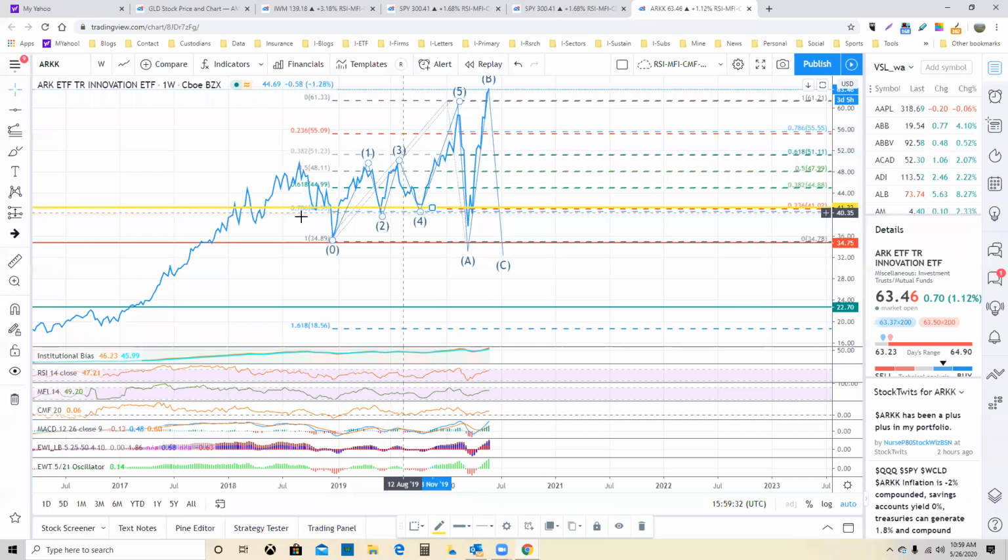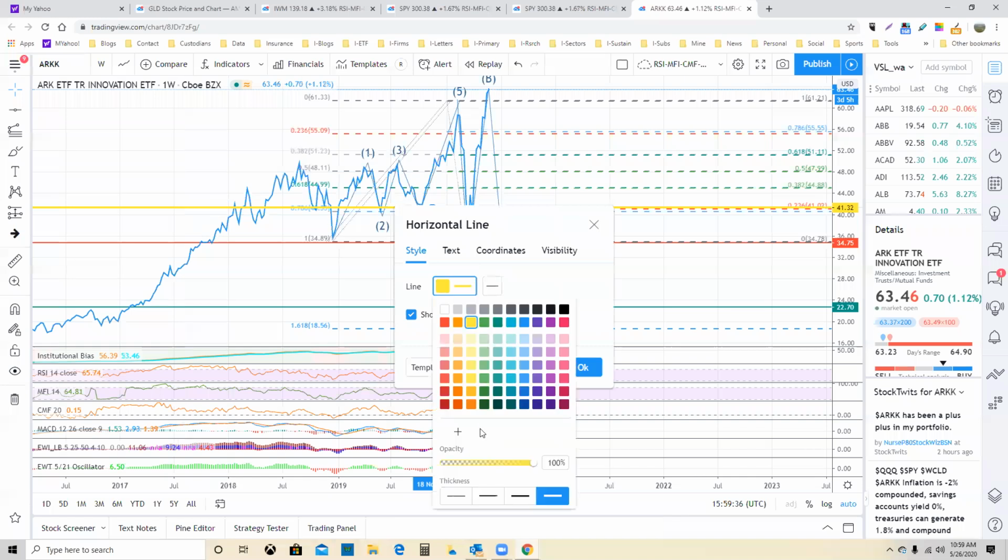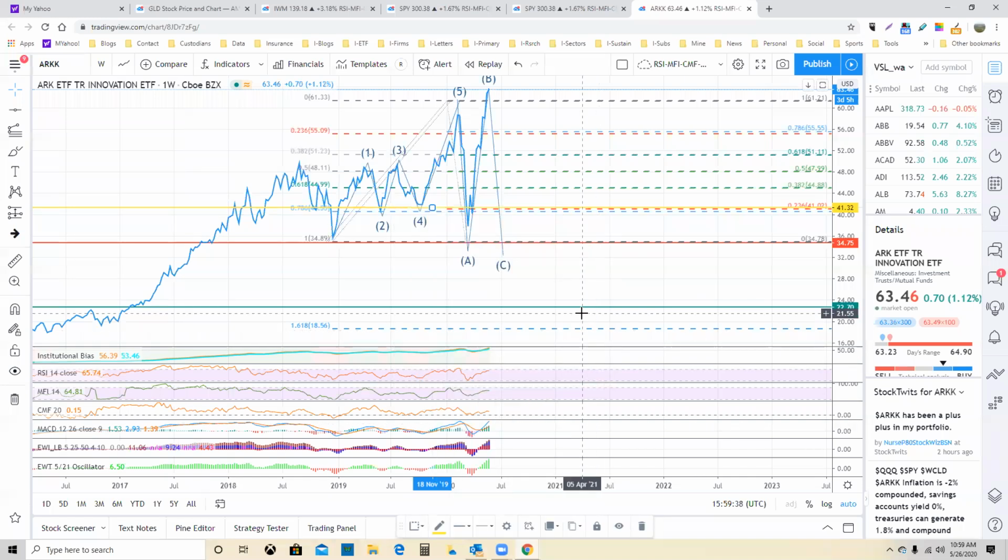I'll go to the high side. How's that? Pretty big support right there. 41-ish. All right, 41. I'd probably be a buyer at 41.